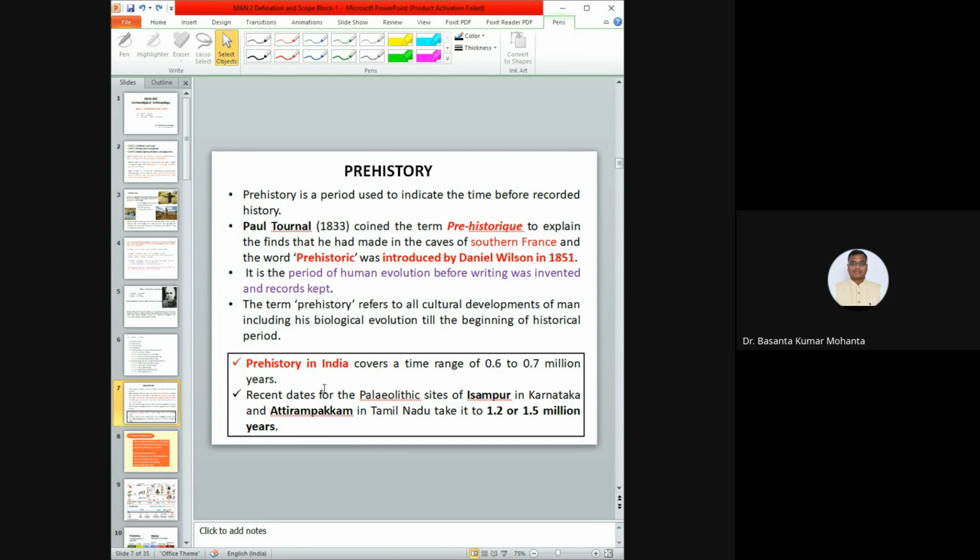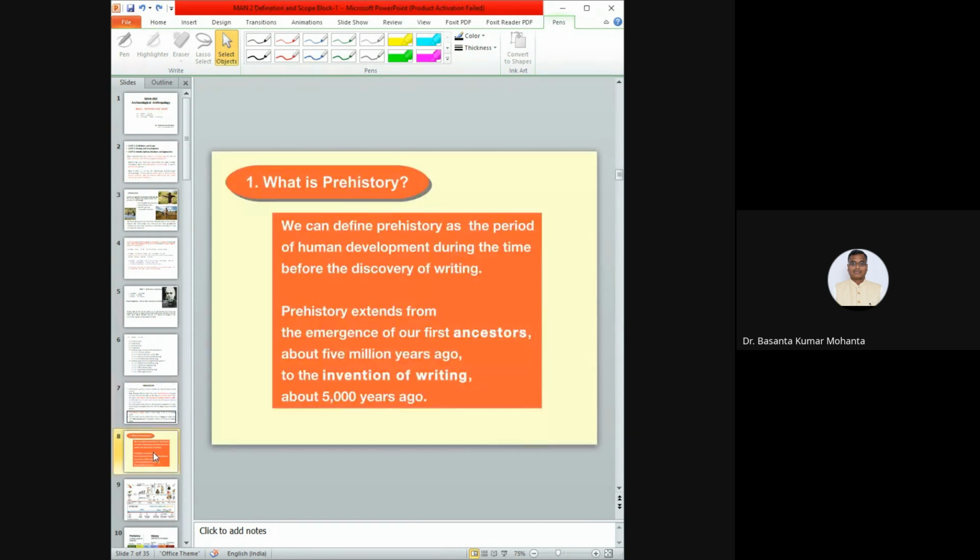The recent findings from Isampur of Karnataka and Athirampakkam in Tamil Nadu indicate the date of this prehistoric period up to 1.2 or 1.5 million years ago.